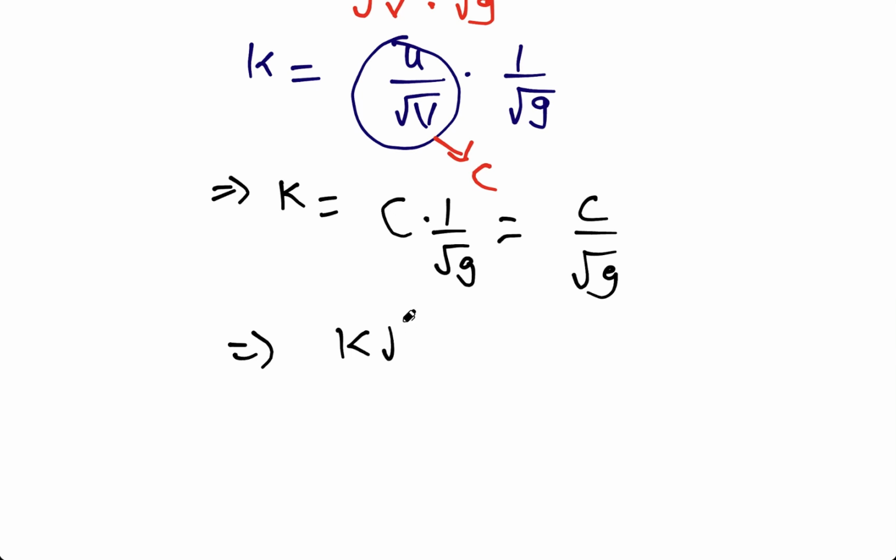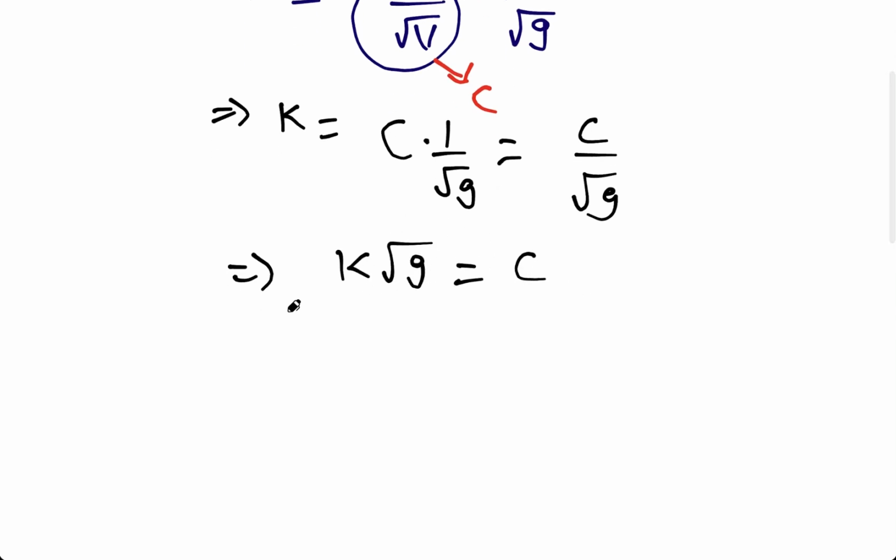That means that K times square root of G equals a constant. And once you have been able to do this, then you finish it up by saying that if K times square root of G equals this guy, which is a constant, that implies that the product of K multiplied by root G will always be constant.